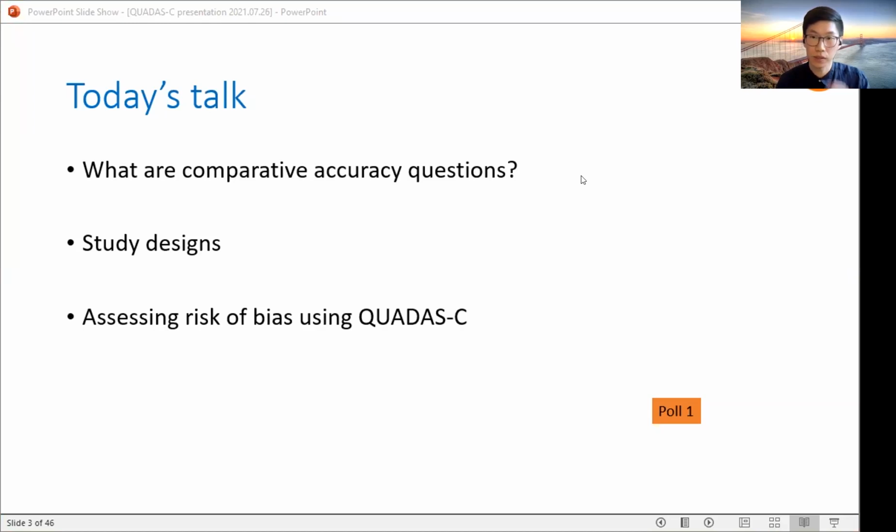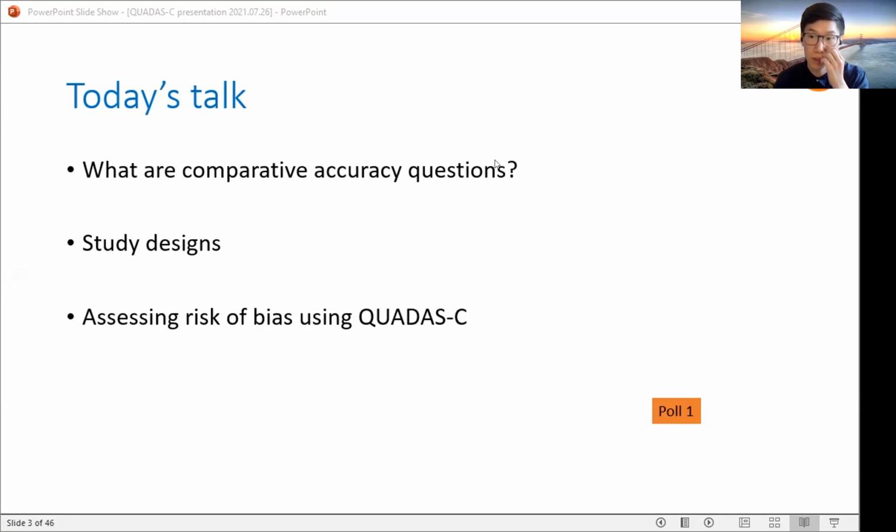So first, to get to know you a bit better, I have a few questions in the first poll. The first is your experience with diagnostic accuracy reviews or studies, and the second is about your experience with QUADAS-2. And I think we reached saturation. Yeah, I think you can see also the poll results.